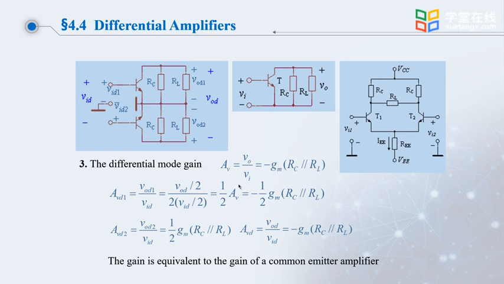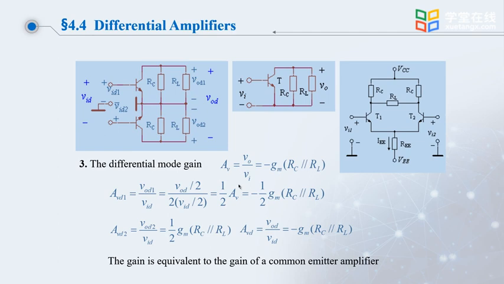Single-stage amplifier gain: because the voltage polarities of the two output terminals are opposite, AVD1 and AVD2, the two gains, are opposite to each other, and the size is equal to 1 out of 2 GMRL.